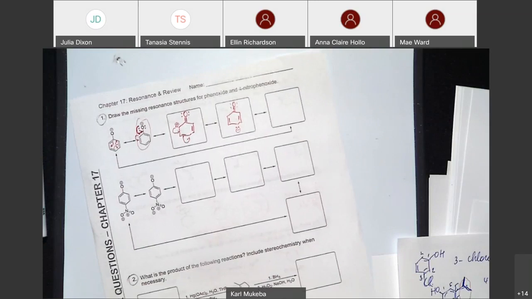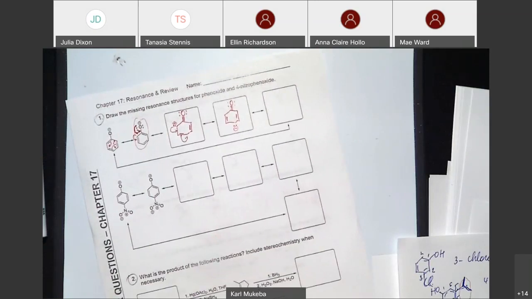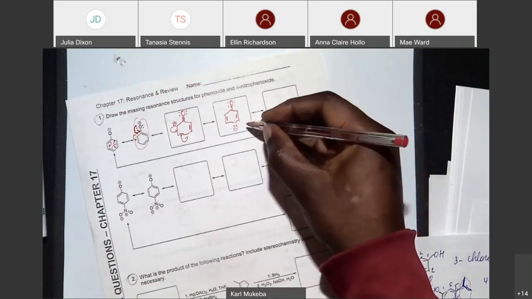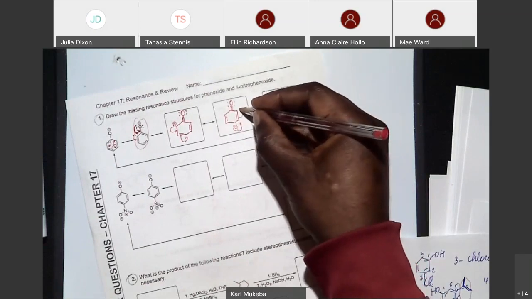And then what will be our next move again? Let's say we move this one around here. This is going this way.